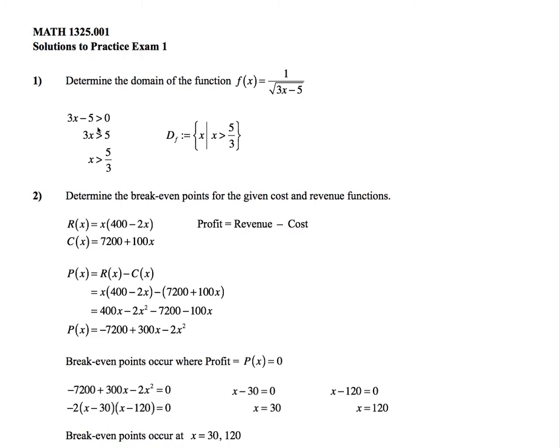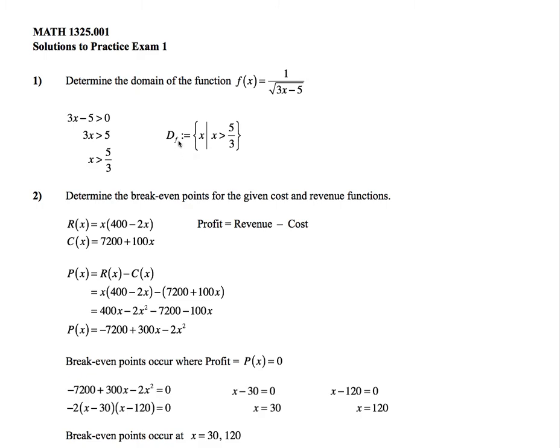And then here I've added 5 to both sides, and divided by 3 or multiplied by 1/3, and we see that all x greater than 5/3 is our domain. And I've indicated that using set builder notation here, although you are certainly welcome to use interval notation if you'd like.